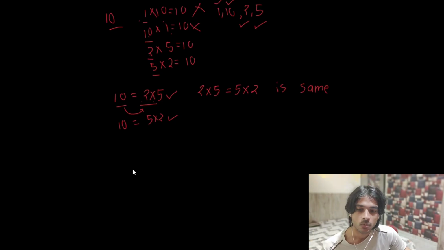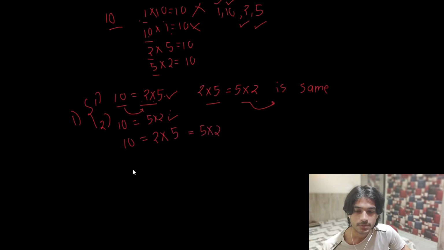Arrangement basically means which number we are going to write first doesn't matter. Both of these ways are considered the same, so this won't be two ways, but only one way to write 10 as a product of primes, which is either 2 multiplied by 5 or 5 multiplied by 2. So this is what I meant when I say that every composite number can be written as a product of primes in a unique way if the order of the prime numbers doesn't matter.